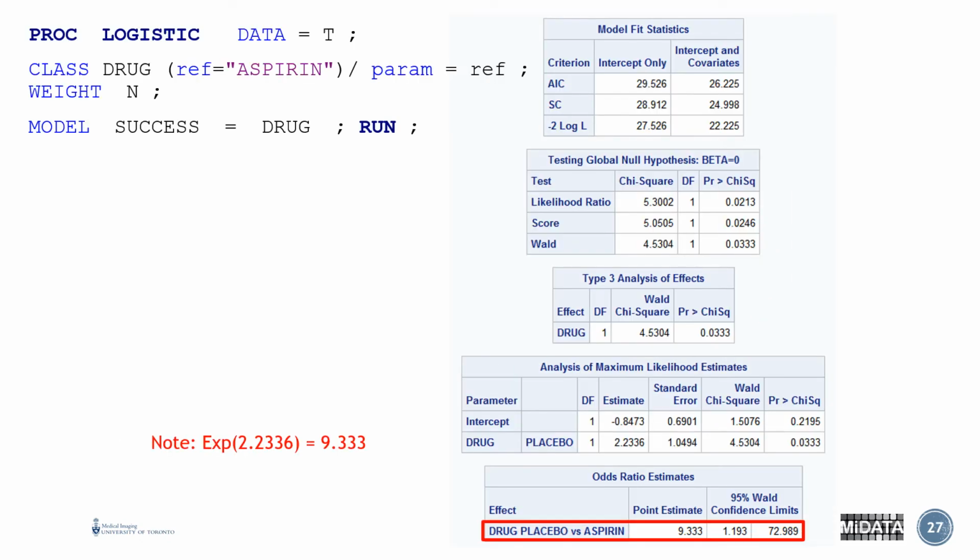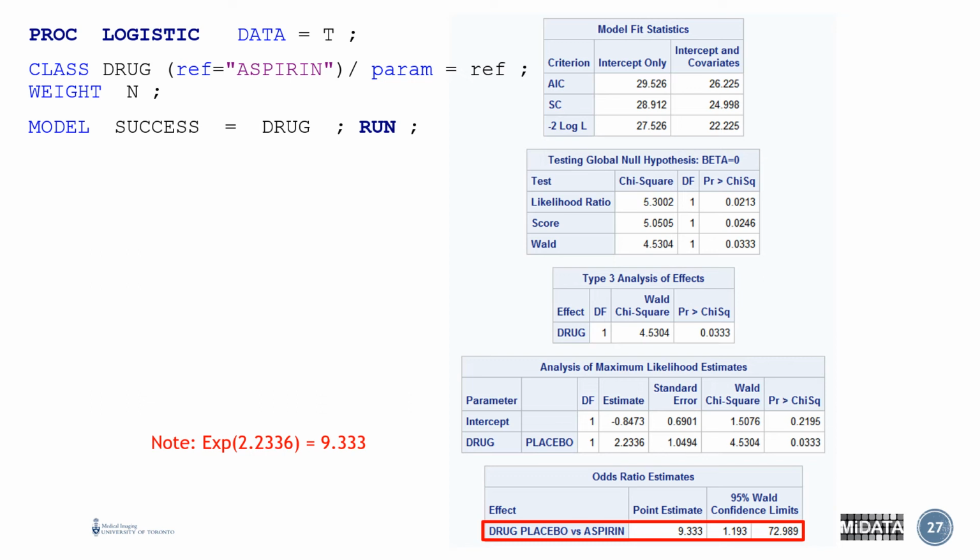Let's take a moment now to discuss a few properties of logistic regression when using SAS. You'll remember a few slides ago when we were talking about the odds ratio that depending on the group in the denominator as your reference, your odds ratio can either be between 0 and 1 or greater than 1, or of course equal to 1 if both groups are the same. Now in SAS, when you run PROC LOGISTIC, it will automatically assign you a reference, usually based on the label.